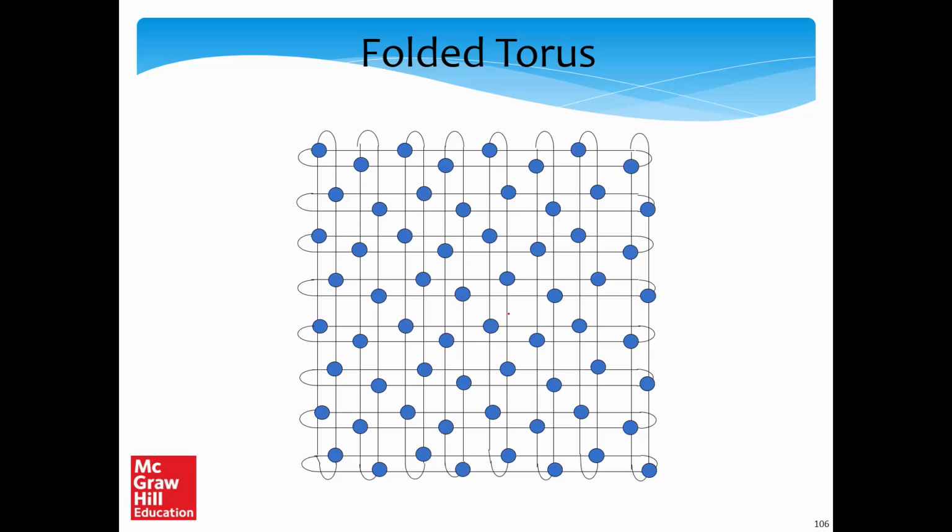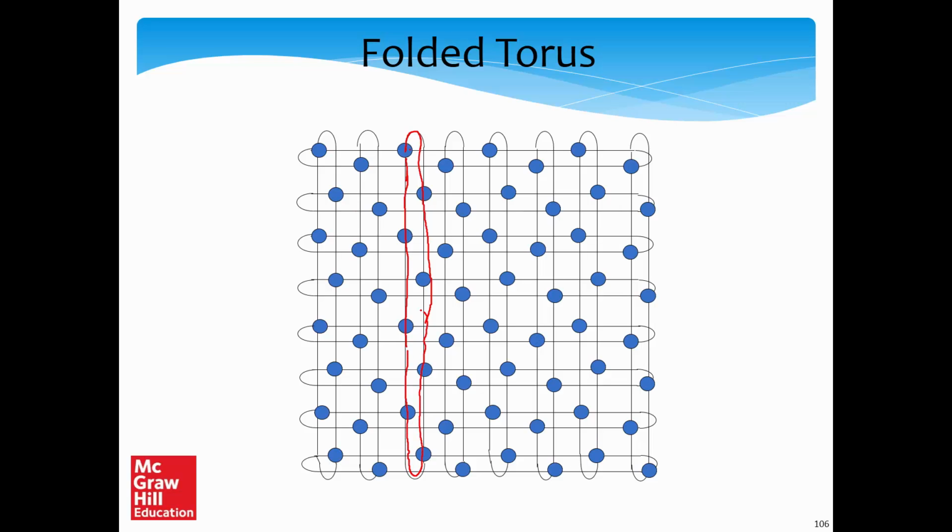So to remedy this, what is typically done is that we have a folded torus, which has the same properties as the torus. Let's assume that this is one column. One column is basically a ring by itself.